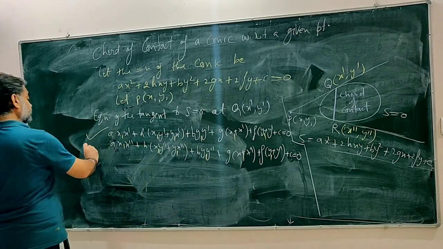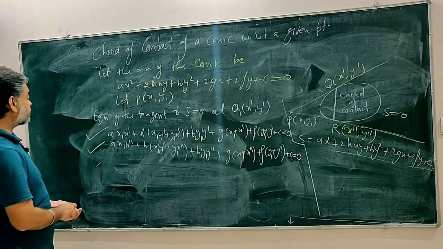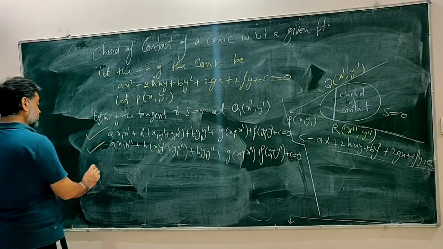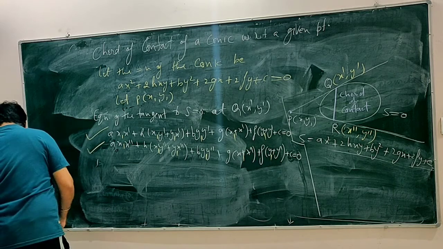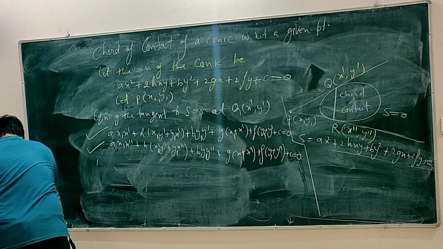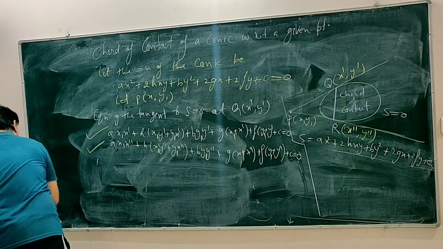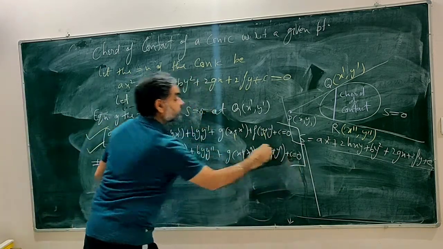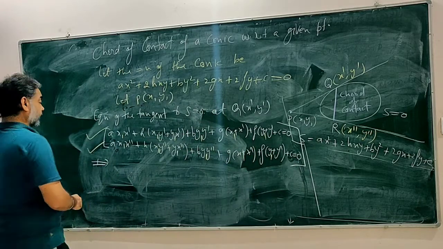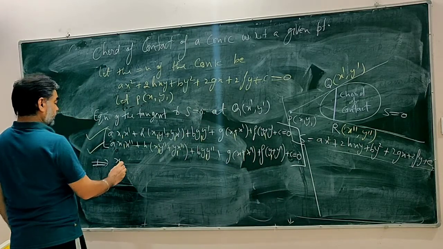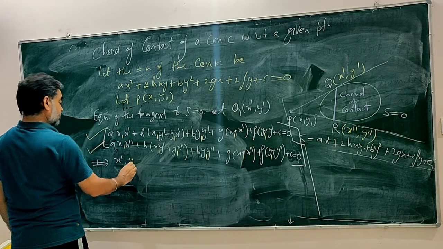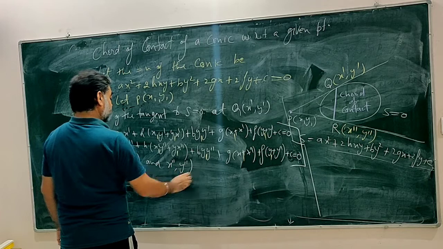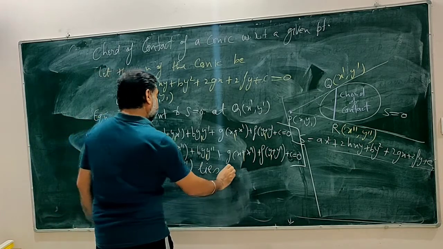Now what do these two equations tell us? These two equations tell us that (x', y') and (x'', y'') lie on the line.